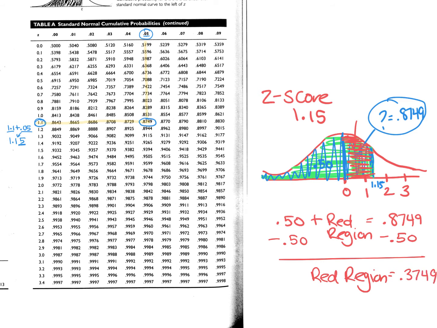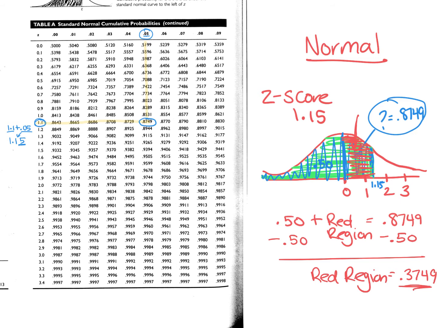Okay, so the probability of randomly selecting someone between 0 standard deviations above the mean and 1.15 standard deviations above the mean is about 37.49%. 37.49% of the area is between 0 and 1.15 standard deviations if our distribution is normal, if it's symmetric, if it's not skewed.